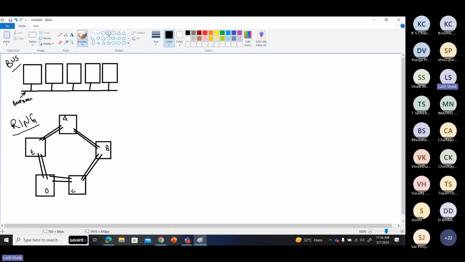One is if I want to add one more device, it means I want to scale my network, I want to add more devices. Again, I have to reconfigure entirely, because the path is changed now.